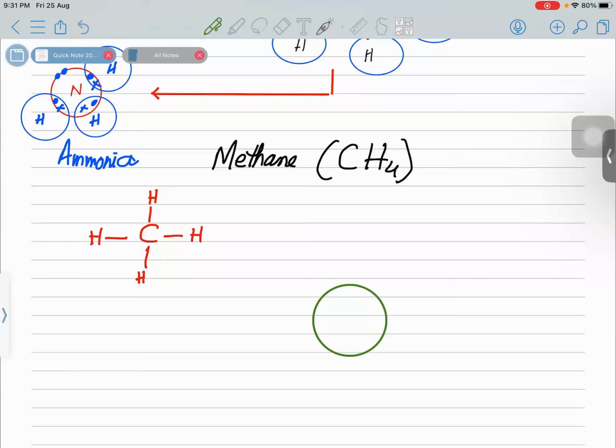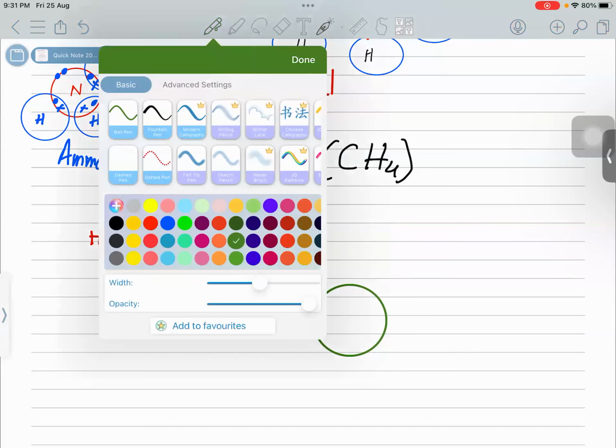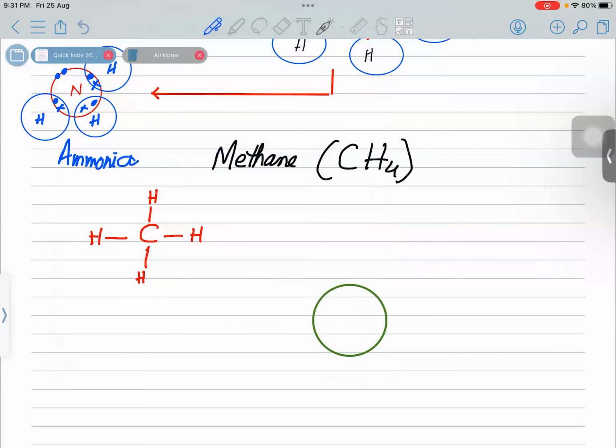This is carbon, and we have 4 hydrogen for it.